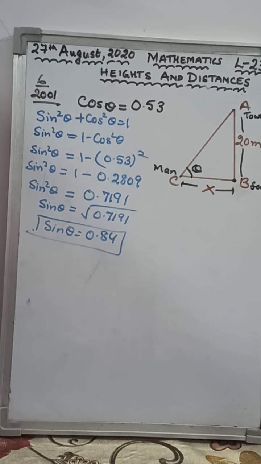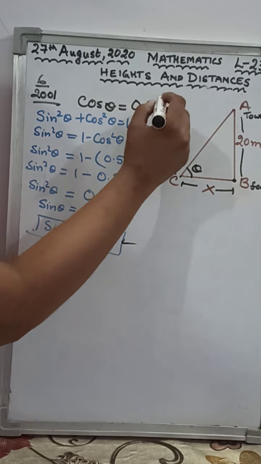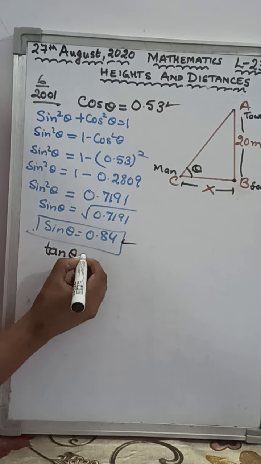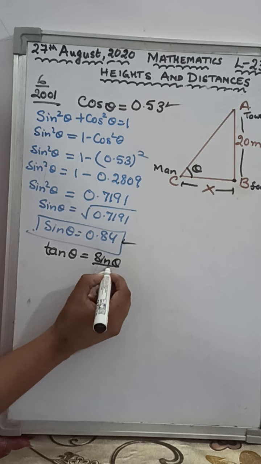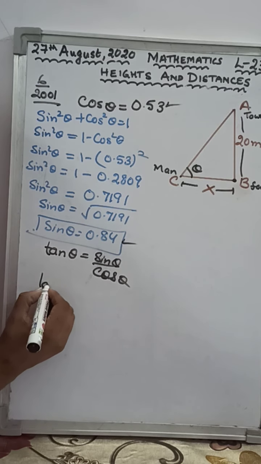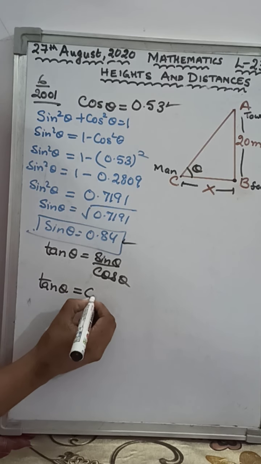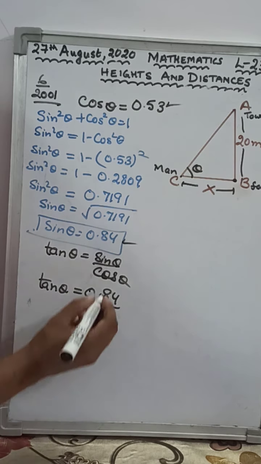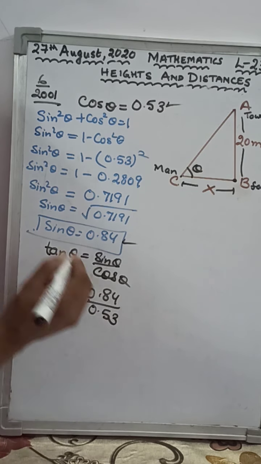So we have the value of sin theta also, and we have the value of cos theta. What is tan theta, we have learned? Tan theta is equal to sin theta over cos theta. Clear? So we'll put the value of sin theta, that is 0.84, and the value of cos theta, that is 0.53.